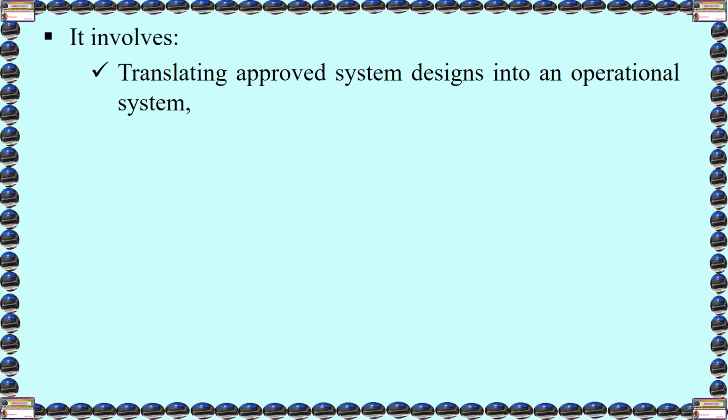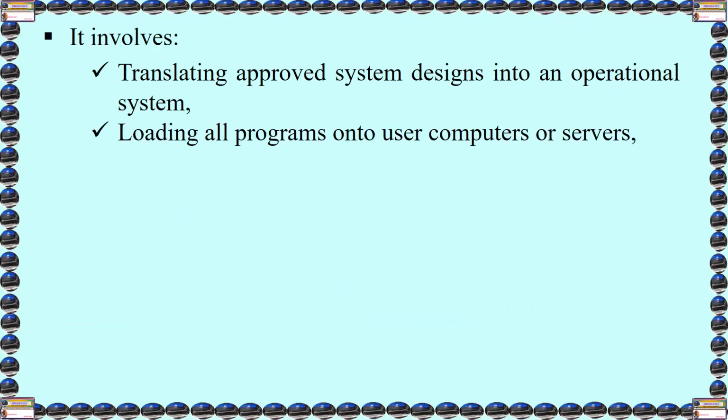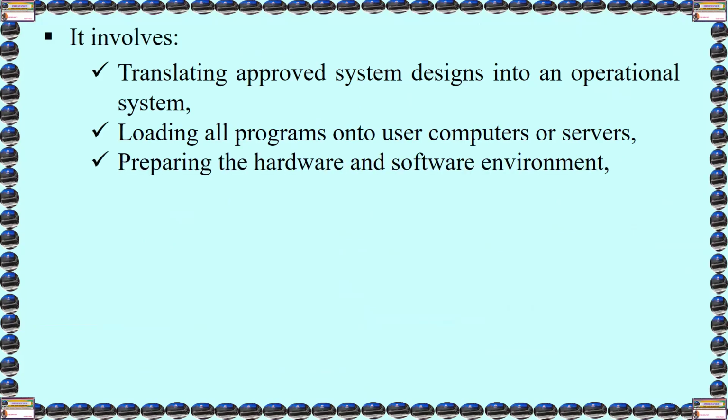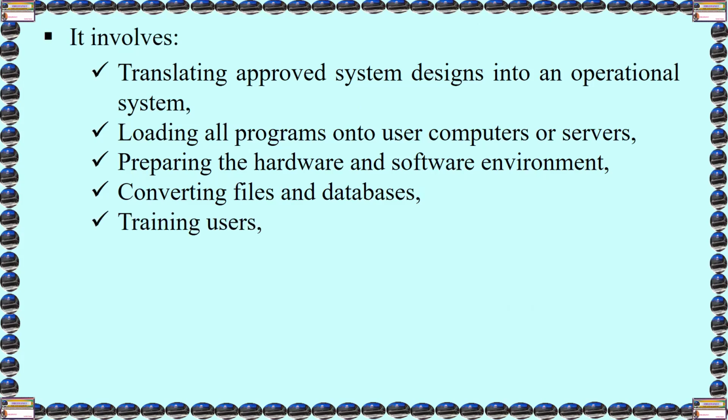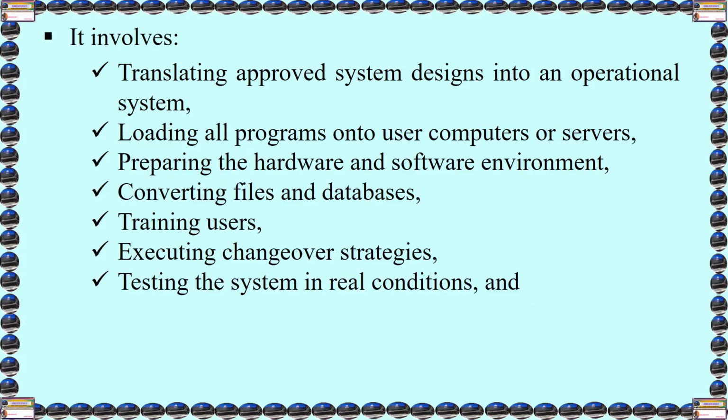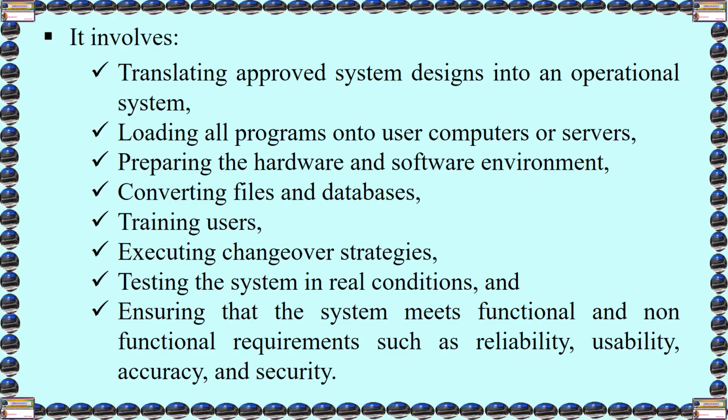It involves translating approved system designs into an operational system, loading all programs onto user computers or servers, preparing the hardware and software environment, converting files and databases, training users, executing changeover strategies, testing the system in real conditions, and ensuring that the system meets functional and non-functional requirements such as reliability, usability, accuracy, and security.